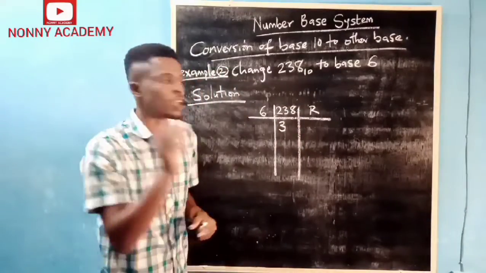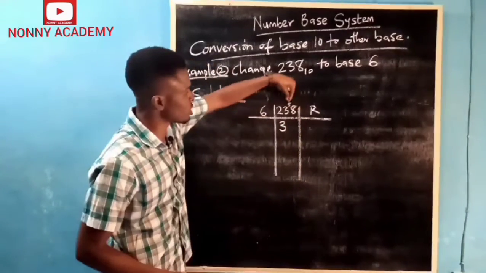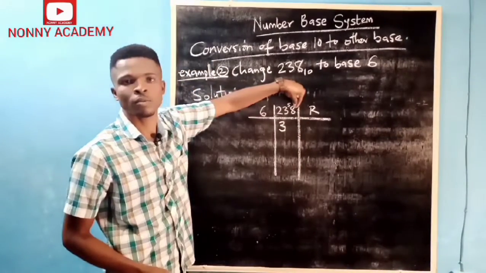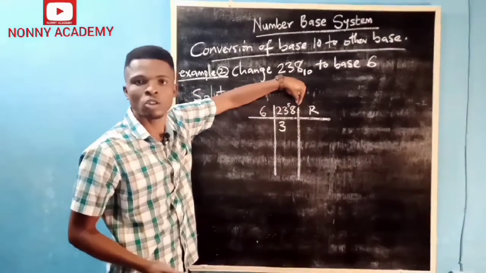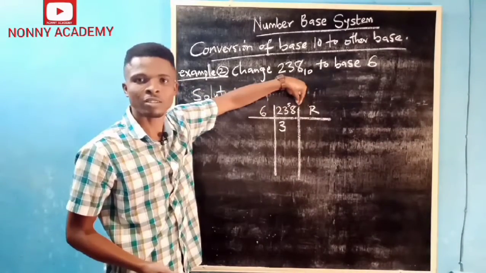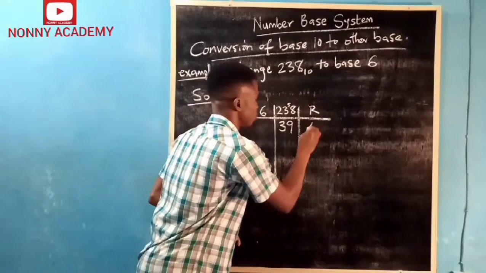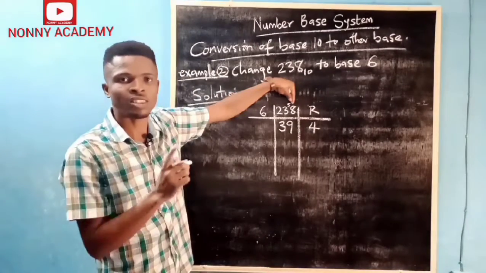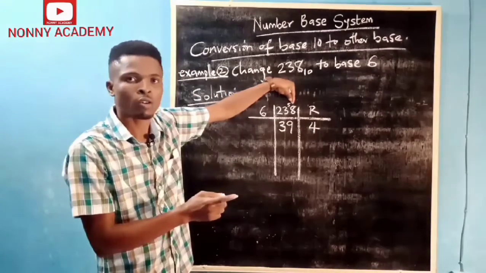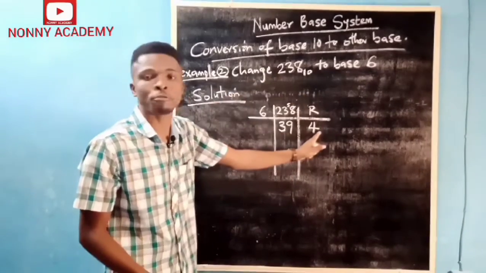The remainder, which is 5, I put close to 8 to make this 58. And I'll divide again. 6 in 58 will give me 9, which makes it 54, then remaining 4 to make it 58. That's why I have 4 here.